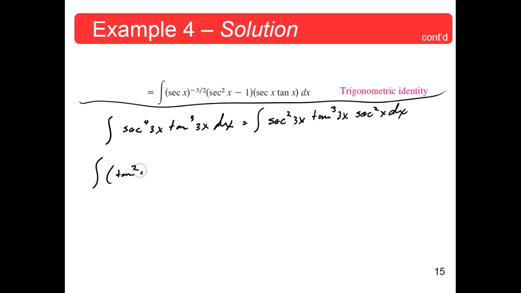Tangent squared of 3x plus 1, times tangent cubed 3x, and that is a 3x there too, by the way. Sorry about that. And then let's leave it as a secant squared 3x dx.